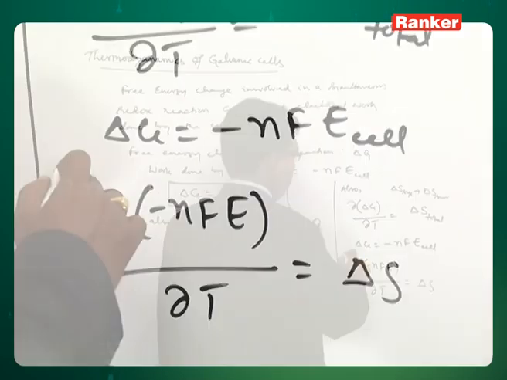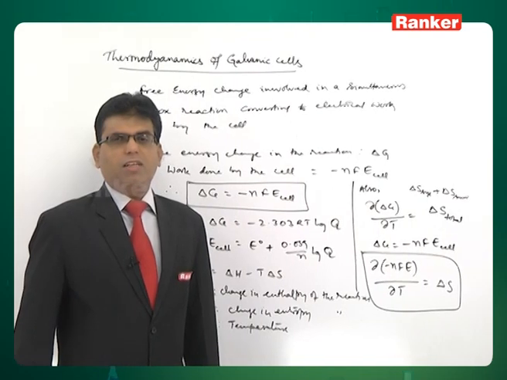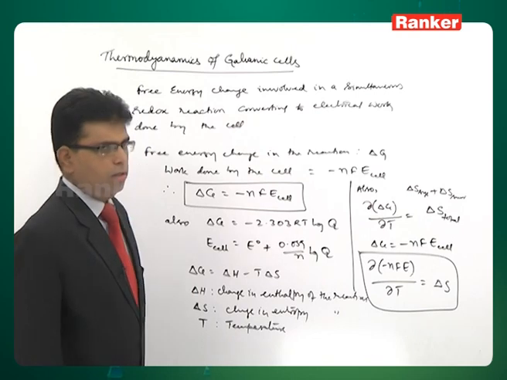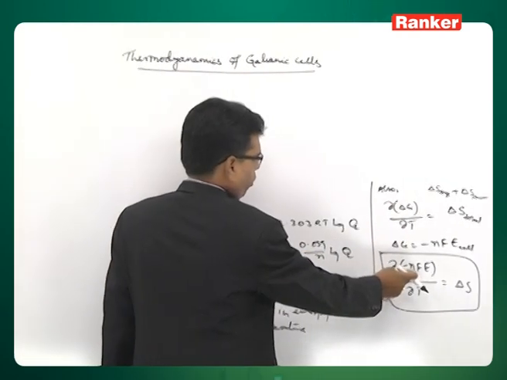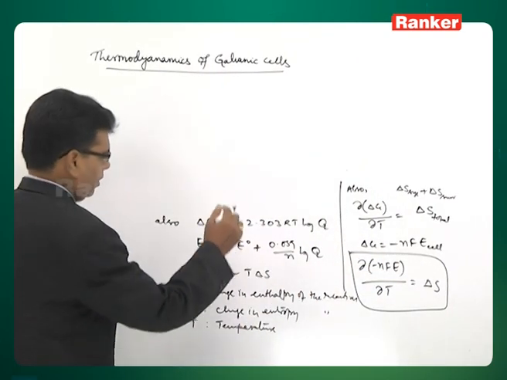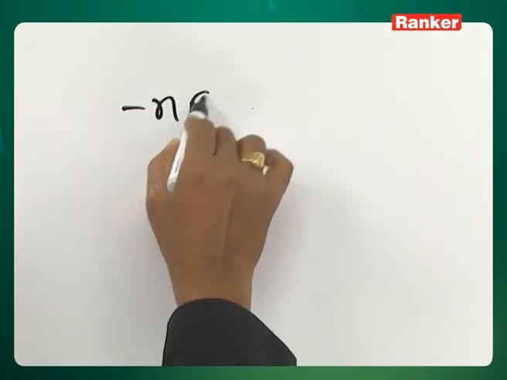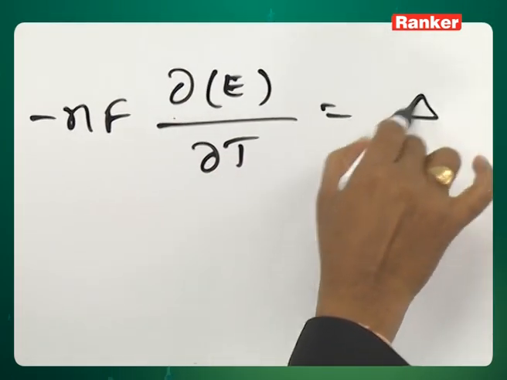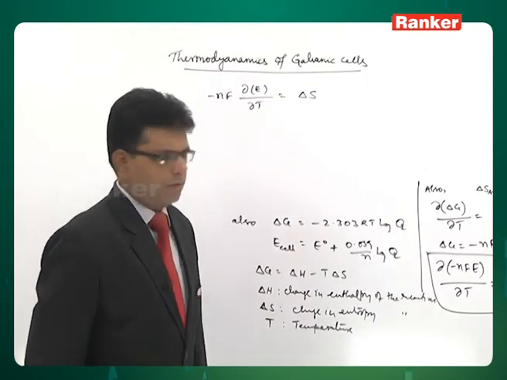Now, this is a very important relation from which you will get another parameter, that is temperature coefficient. What is the temperature coefficient? Just now we wrote it down as dou minus nFE by dou T is equal to delta S. From this, what we can write is that minus nF dou E by dou T is equal to delta S. Here n and F are constants, the variable is only the EMF.